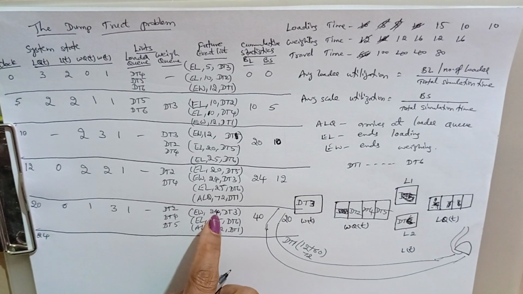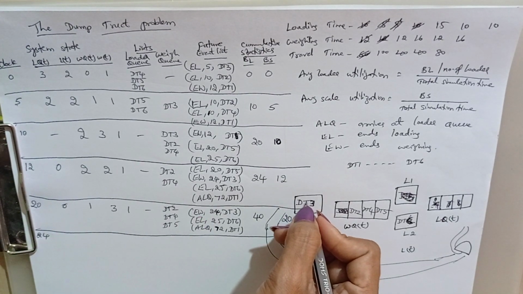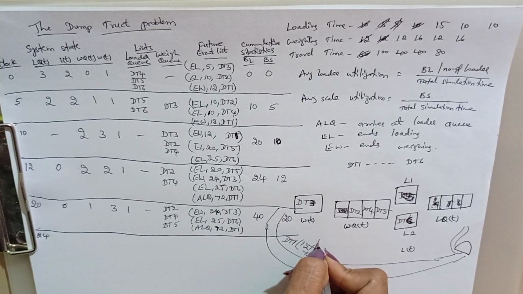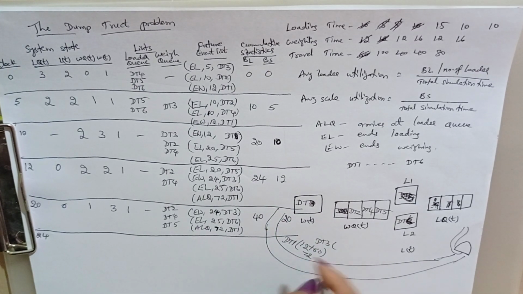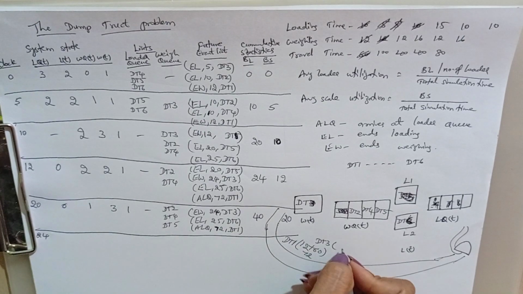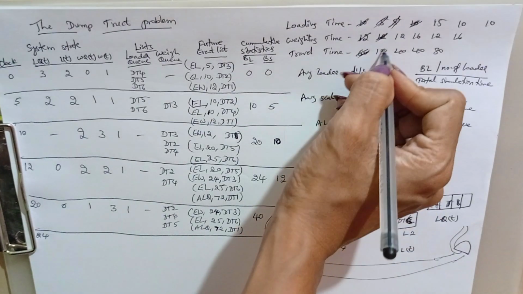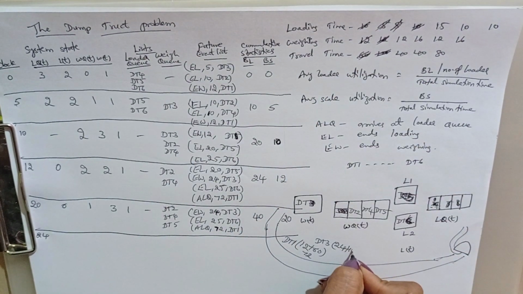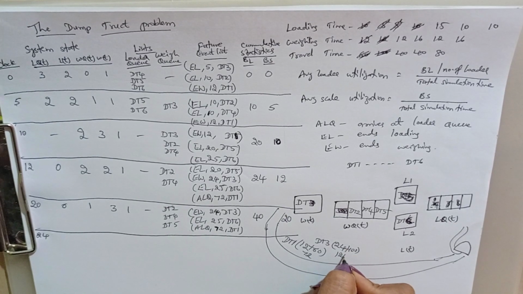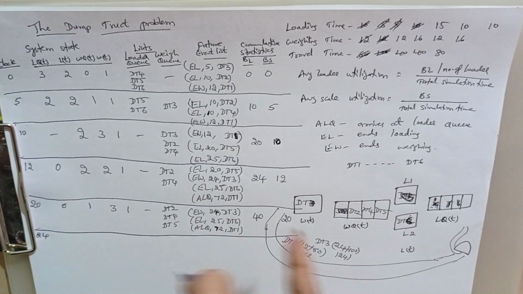What is happening at 24? Weighing completes. Weighing completes means truck 3 goes for traveling. The current time is 24 and the next traveling time is 100, so 100 plus 24, that is at clock time 124. Again it will add to the loader queue.